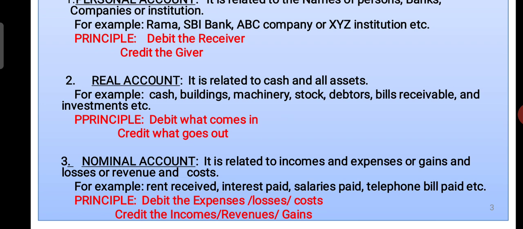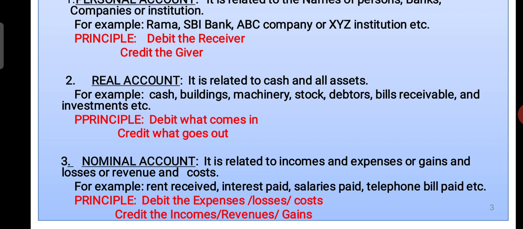Next, examples for nominal account: rent received, interest paid, salary paid to employees, telephone bill paid, etc. All these are nominal account examples of incomes and expenses.